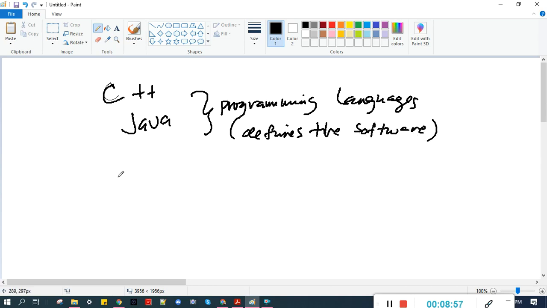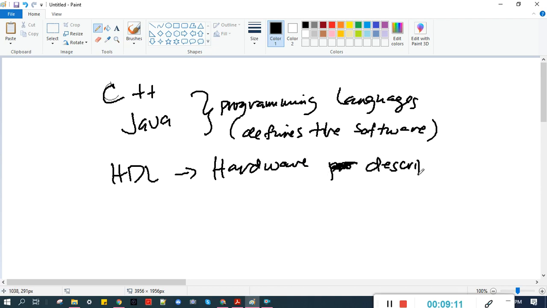But with HDL, or hardware description language, we define the circuit.